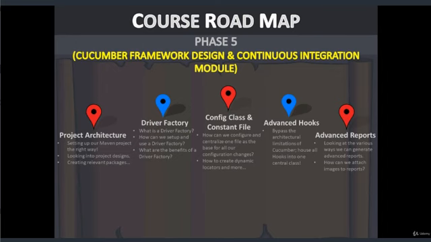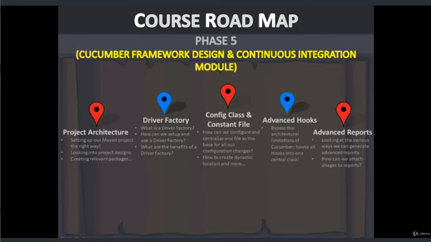We're going to look at advanced reports, how we can further actually enhance our reports. We're going to look at page object modeling, how we can actually model specific pages of a website. So we can actually create dynamic locators of a specific web page and house those locators into individual classes.